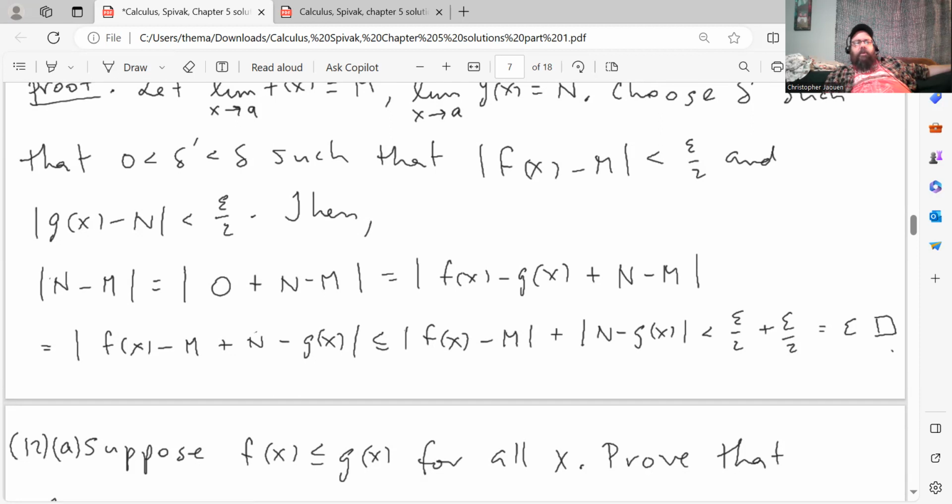By the triangle inequality, that's less than or equal to the absolute value of f of x minus m plus the absolute value of n minus g of x. That's less than epsilon over 2 plus epsilon over 2, and when you add these together, you get epsilon. So that shows that these fixed constants are less than any positive epsilon, which means it has to be 0.